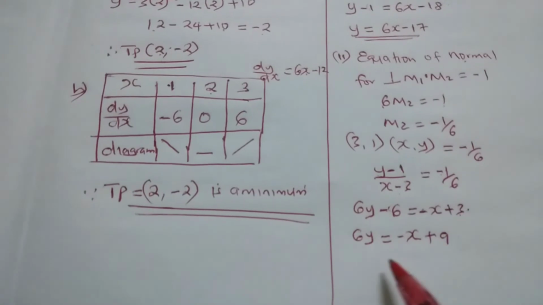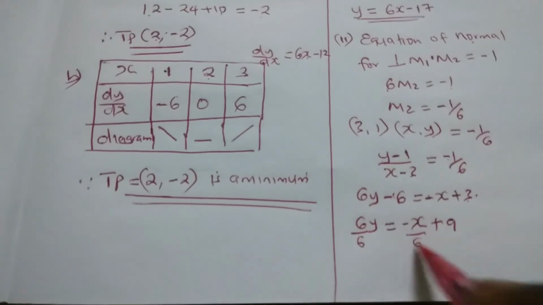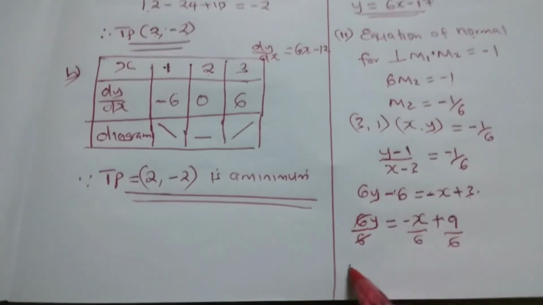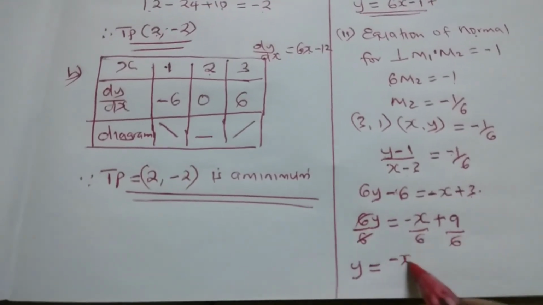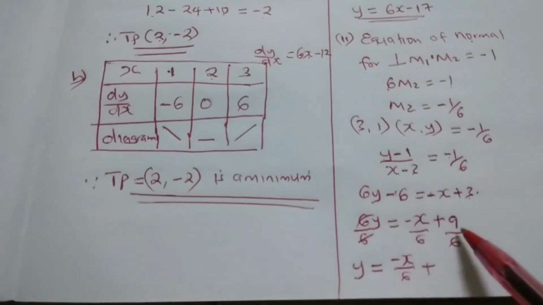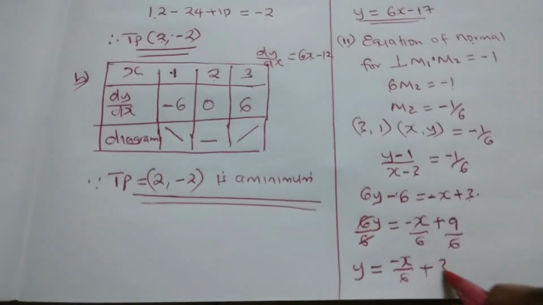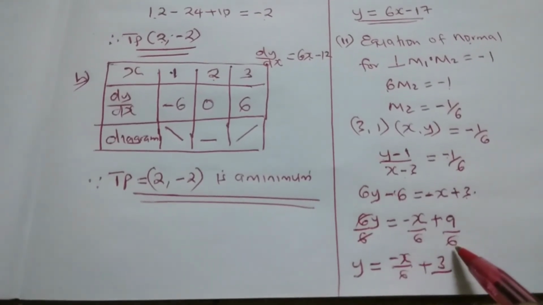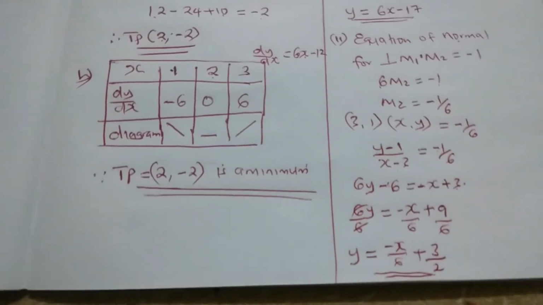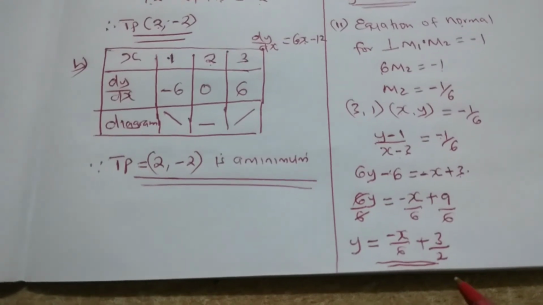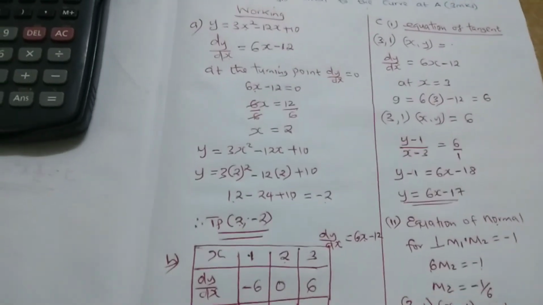And in the form of y is equals to mx plus c, we are going to divide by 6 all through, so that our y is going to be equal to negative x over 6 plus 9 divided by 6. 3 is common in both, so 9 by 3 will give us 3, and 6 divided by 3 will give us 2. And that is the equation of the normal to the curve at that particular point A. Otherwise, that is how that question is done.